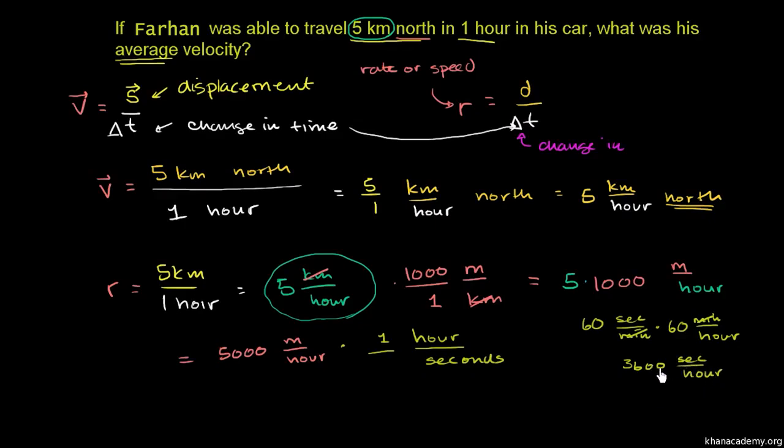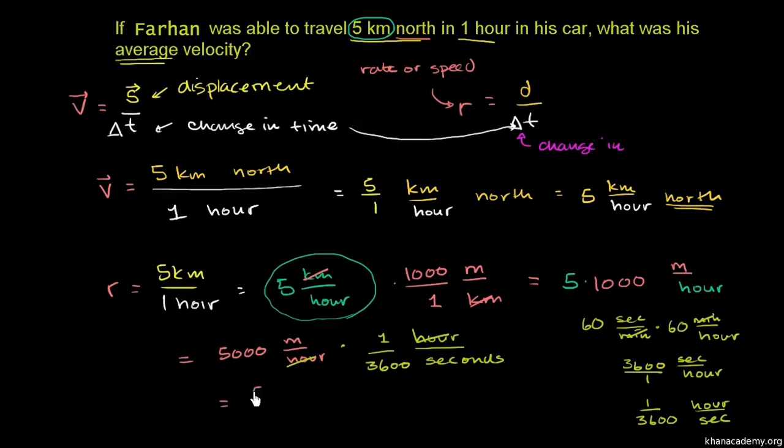Or if you flip it, you could say this is 3,600 seconds for every 1 hour. Or if you flip them, you would get 1 over 3,600 hours per second, depending on how you want to do it. So 1 hour is the same thing as 3,600 seconds. And so now this hour cancels out with that hour. And then you divide the numbers right here.